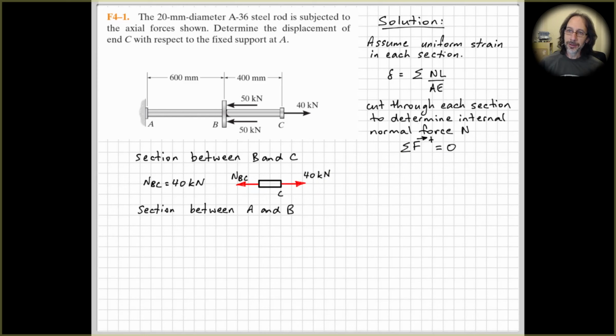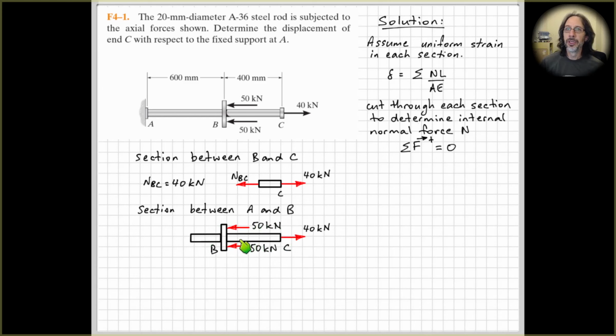If we now look at the section between A and B, do the same thing again, take a cut through section AB, look at the whole of the left-hand side or the whole of the right-hand side. So we're going to look at the whole of the right-hand side. That means we need to include section BC in this free body diagram, right?